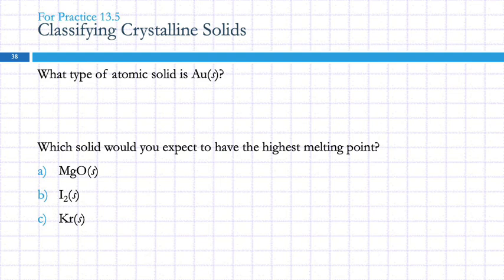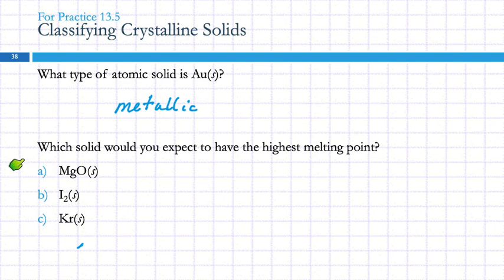Metallic maybe, huh? Because it's a metal? Yeah. So this is a metallic atomic solid. The only non-bonding ones are the noble gases. If it's not a noble gas or a metal, then choose network covalent.